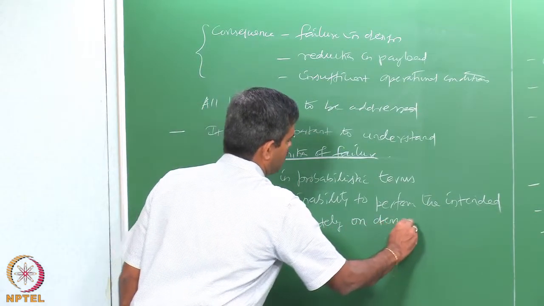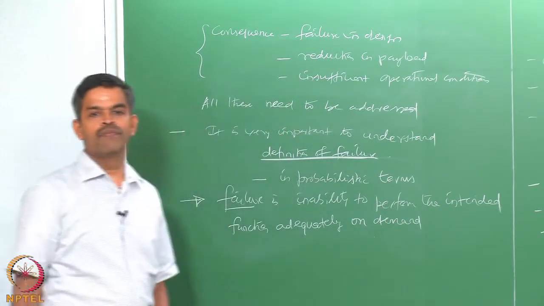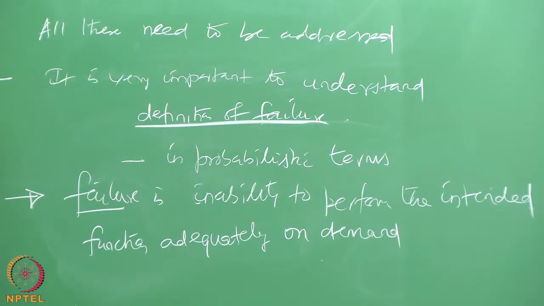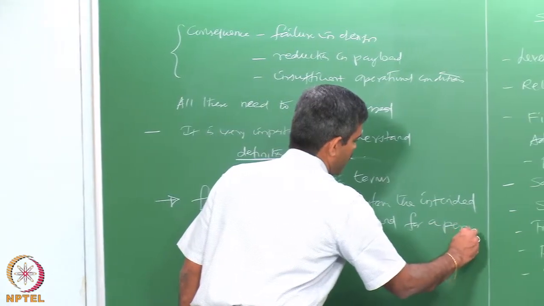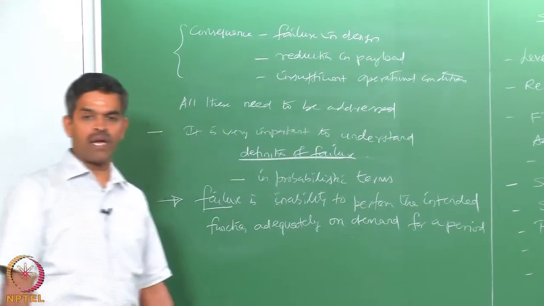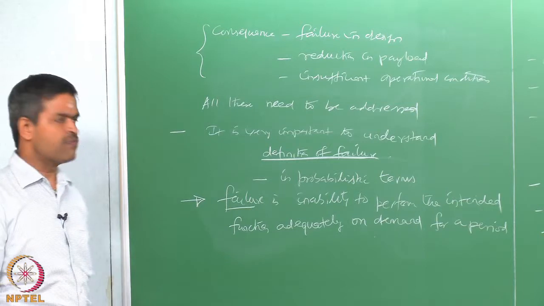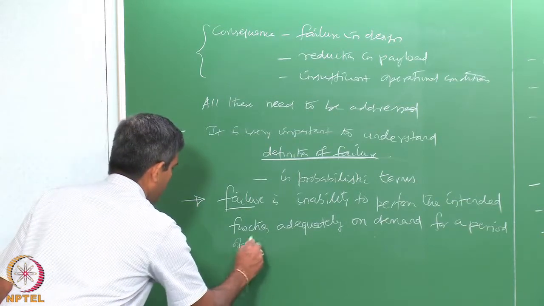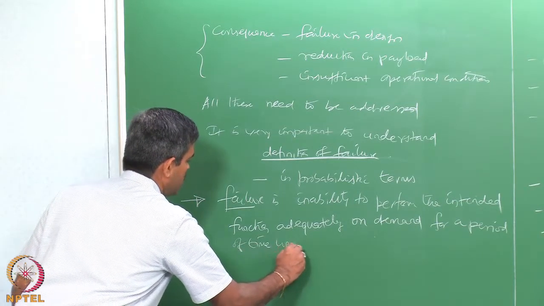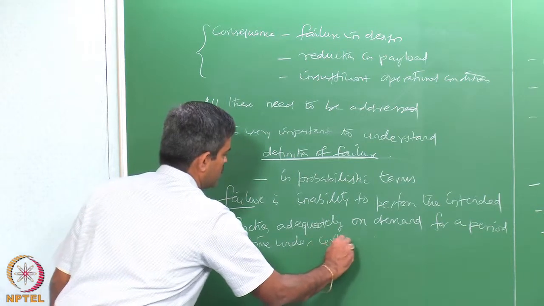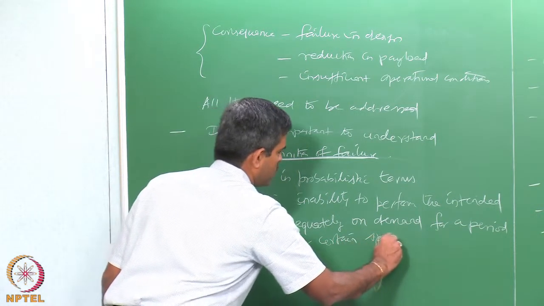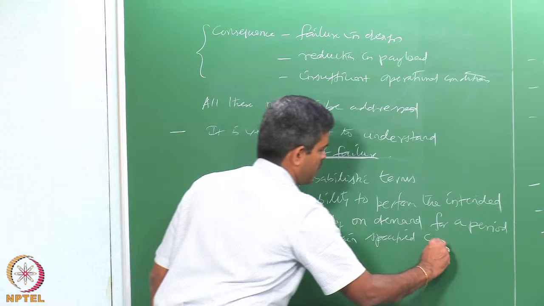When it is required to perform, it should perform for a period of time, because the period of time is very important. It cannot remain adequately performing for an infinite period of time. So, for a period of time under certain specified conditions, that is very, very important.